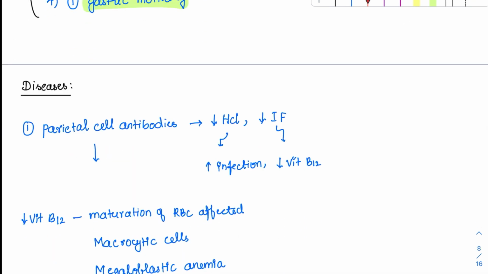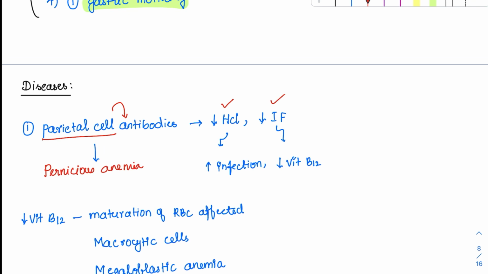So coming to the diseases. What type of diseases can happen? Whenever there is a parietal cell antibody, parietal cells are the ones producing HCl and intrinsic factor. Whenever there are antibodies to it, what will happen? Both HCl secretion and intrinsic factor will be reduced. This type of disease is named pernicious anemia.